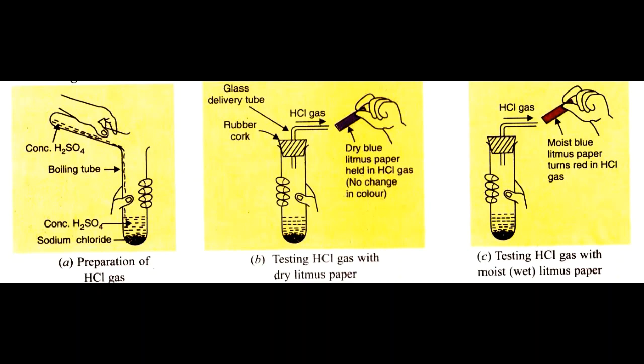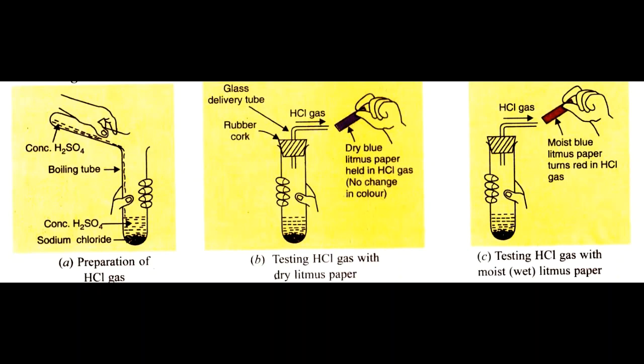Now this is gas and has no water in it. It is not in the aqueous solution. If you put a dry blue litmus paper in that HCl gas, there will not be a change of color because it is not in the aqueous solution. But the moment you soak the blue litmus paper a little in water and put it before the HCl gas, it will turn red because now it is in connection with the water molecules in the litmus paper.